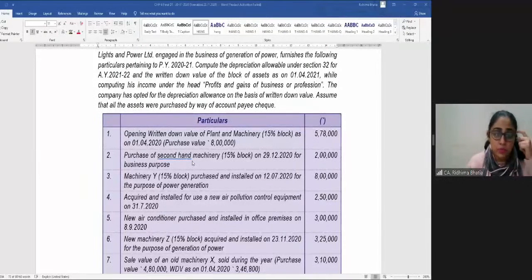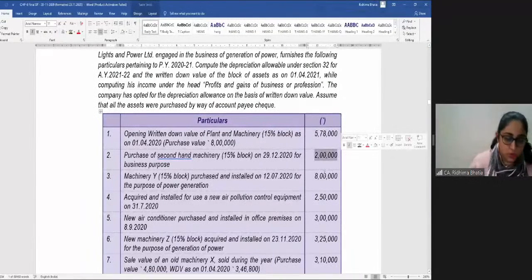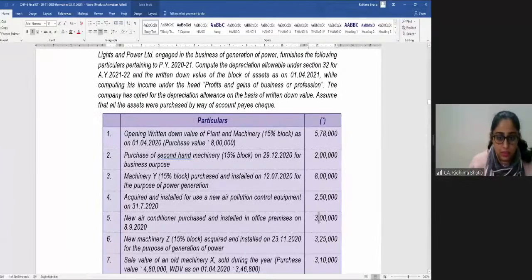First of all, there would be two blocks, one of 15%, another of 40%. In the 578 block, you will add this 2 lakhs, then you will add this 8 lakhs, you will add 3 lakh air conditioner, and then you will add this 3,25,000.